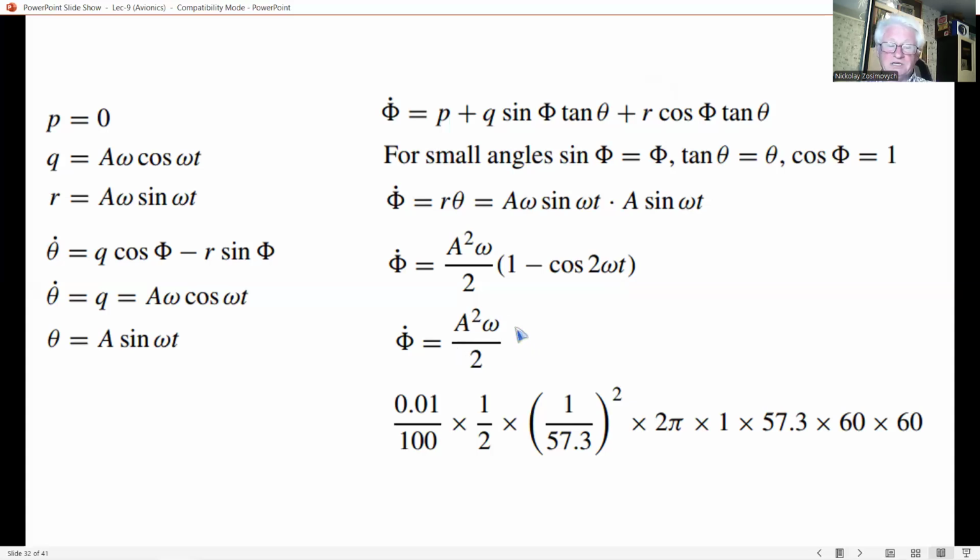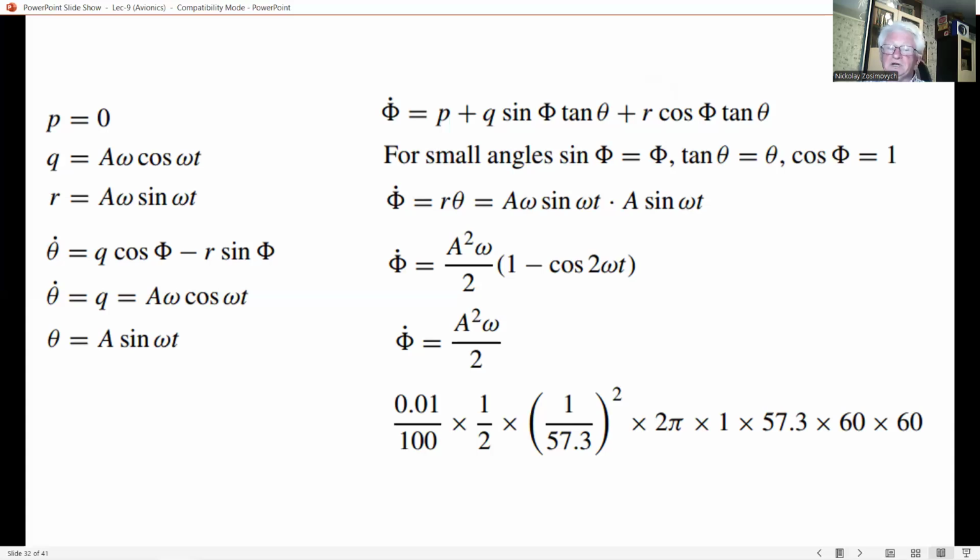The errors induced by coning motion in strapdown systems arise essentially from errors in computing the motion profile due to the non-commutativity of angular rotation.